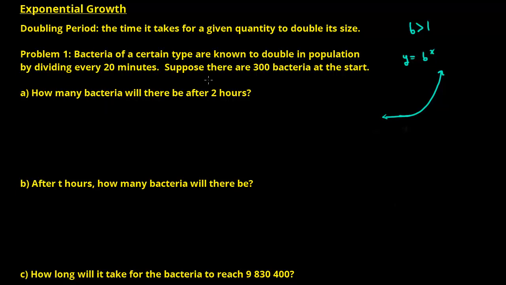So at the start, there are 300 bacteria. Let's let n represent the number of bacteria.